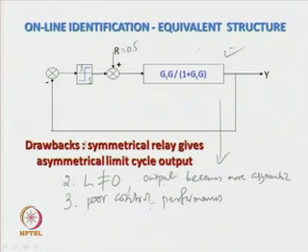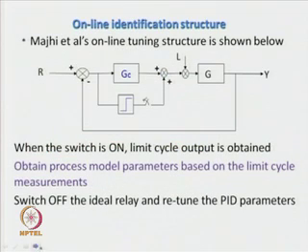So, without a faithful representation of the dynamics of the process, we may have a controller which is poorly tuned, and the consequent result will be that we may get poor time domain or frequency domain closed loop performances from the control system.